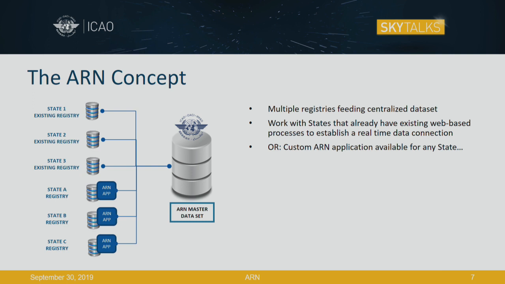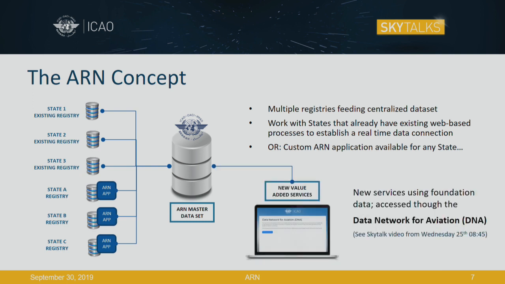But the principle is, as you can see on the screen. For states that have existing digital processes and databases, we can work with them to integrate their data feeds. And for those that don't, as I said, we've developed in-house a custom ARN application, and we can make that available to any state.